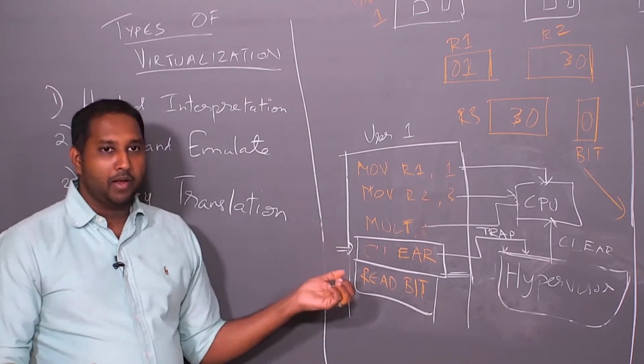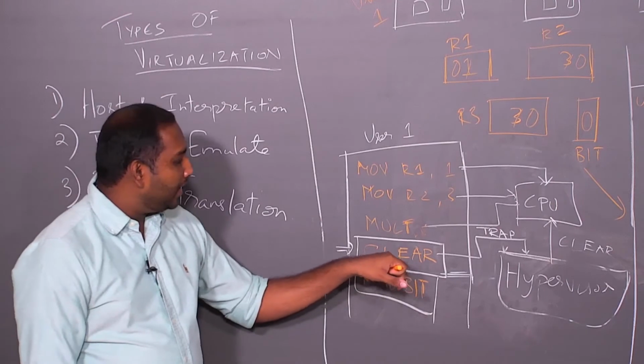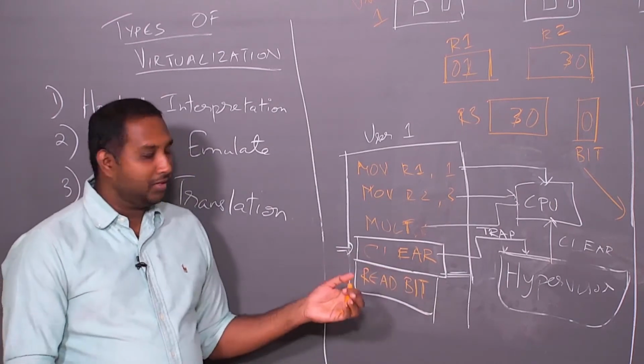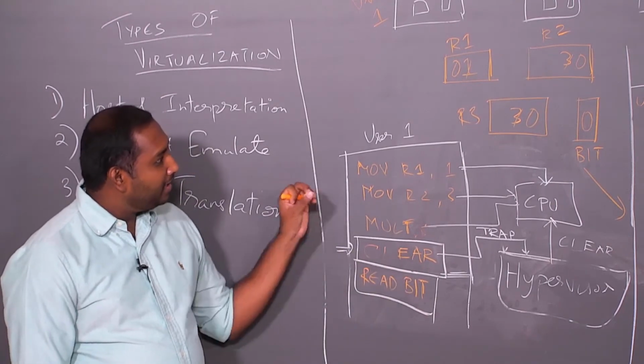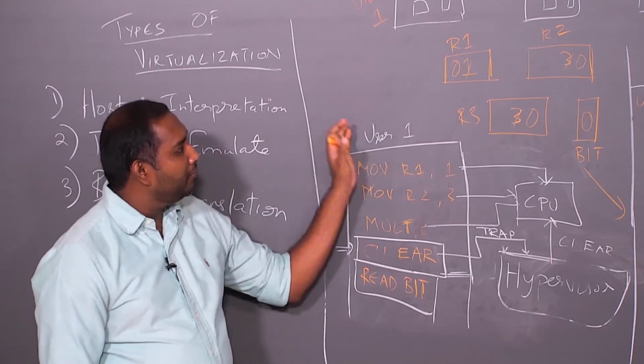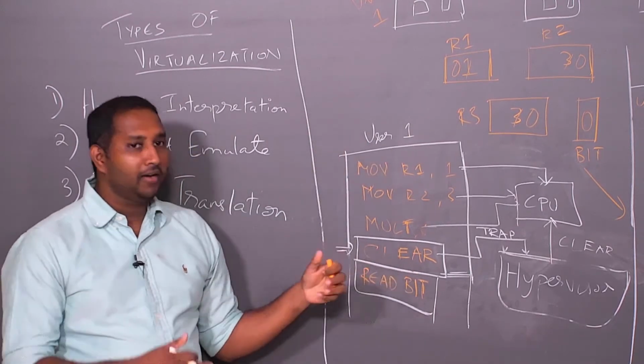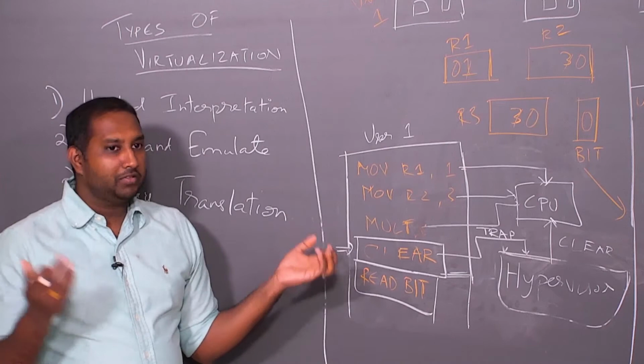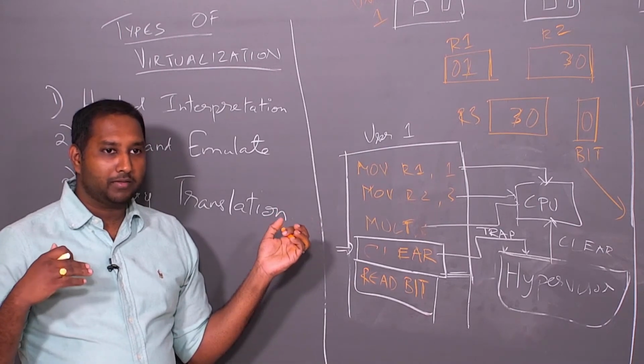So for example, instead of clear, which is a privileged instruction, you say, in the memory that is meant for U1, go and clear field R3, which is totally something that you can do in user space.